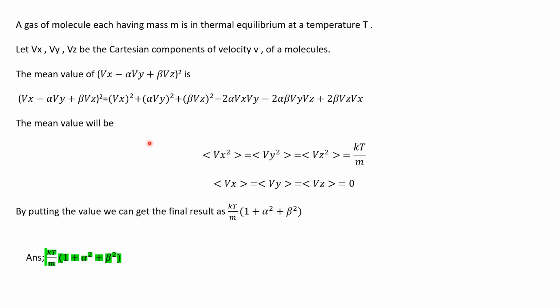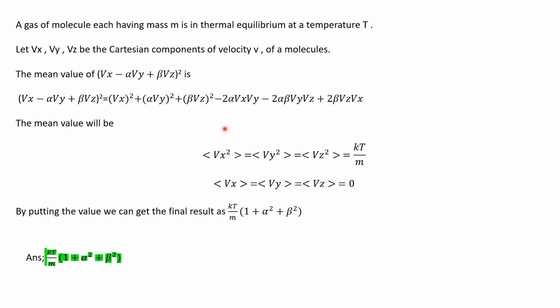So here is the solution. By expanding (Vx minus alpha Vy plus beta Vz) whole square, we can find it as Vx square plus alpha square Vy square plus beta square Vz square minus 2 alpha VxVy minus 2 alpha beta VyVz plus 2 beta VzVx.